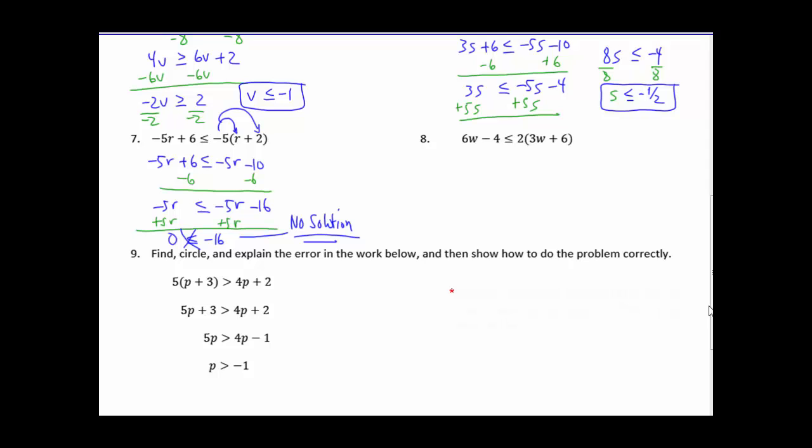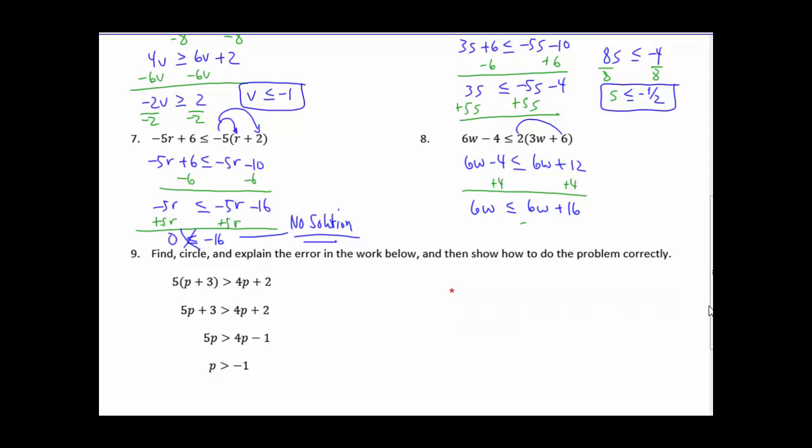8. Distribute again. So we have 6w minus 4 less than or equal to 6w plus, by distributing, 12. Okay, if we add the 4, we get 6w less than or equal to 6w plus 16.